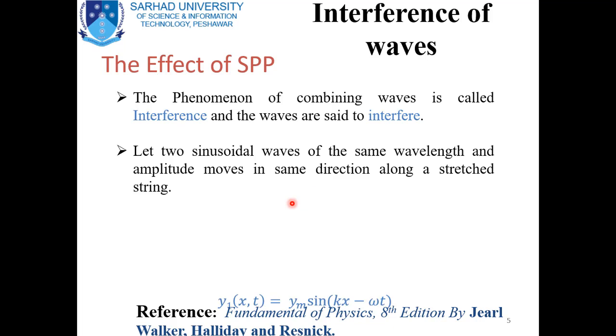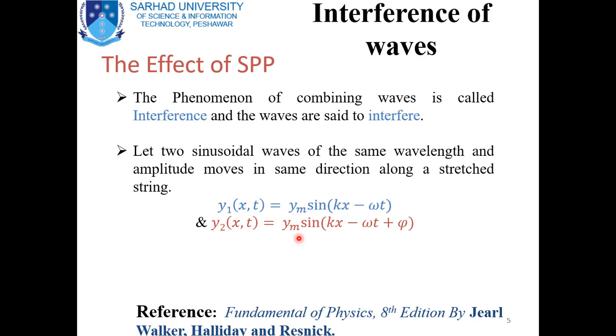The expression for these individual waves are given as y1, which is a function of position and time, equal to ym sin(kx − ωt). The expression for the second wave y2, which is also a function of position and time, is equal to ym sin(kx − ωt + φ).